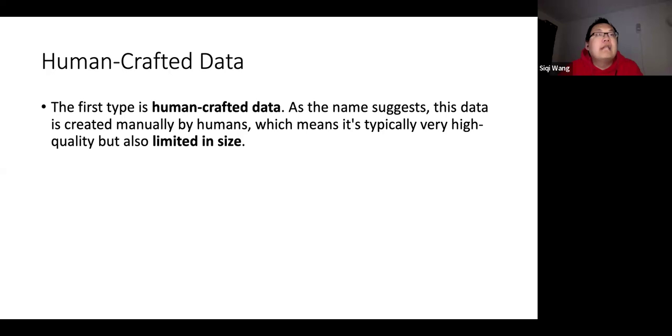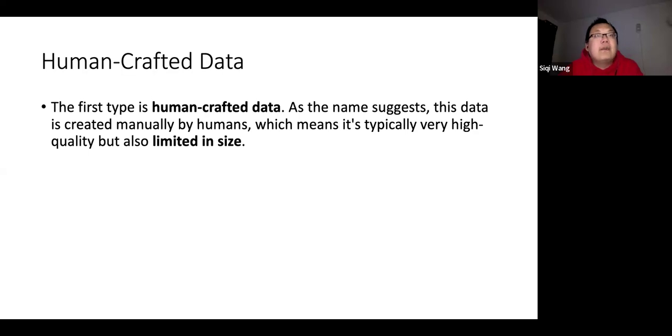For example, the Natural Instructions dataset is a great example of human crafted data. It consists of around 193,000 instruction output pairs from over 61 different tasks. Every instruction is carefully designed, and the outputs are verified to ensure that they match the instructions.